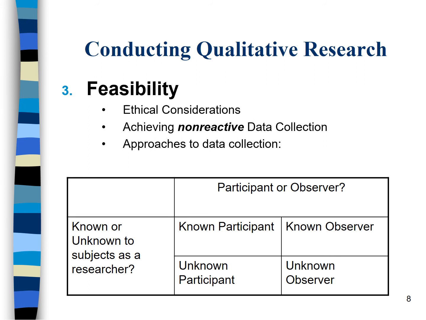And then as we move to the right in this chart, you'll see on the top of the two columns we have a question: participant or observer. So what is the difference between these two things? Well, participant means that you are actually engaging in the phenomenon that you want to study, right?